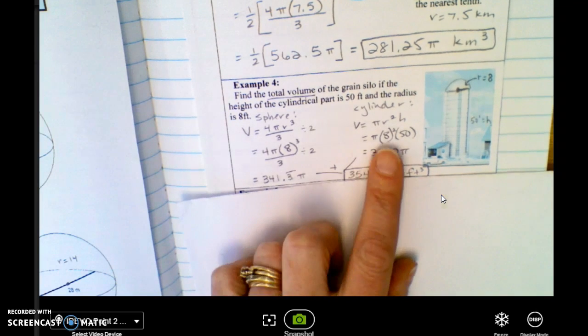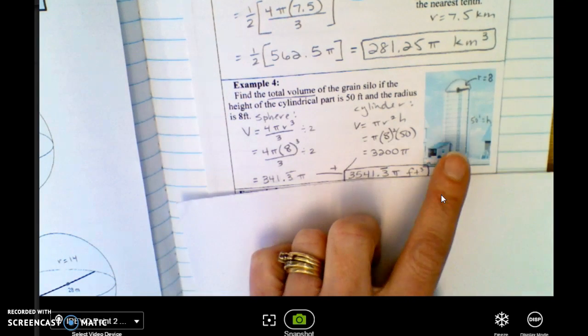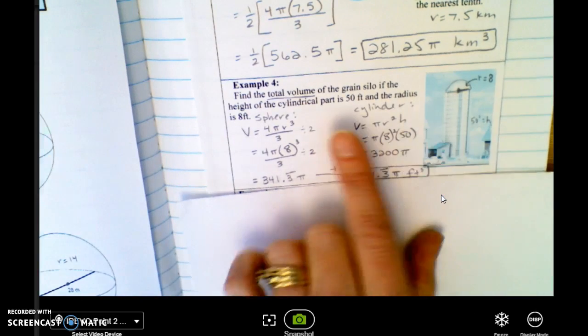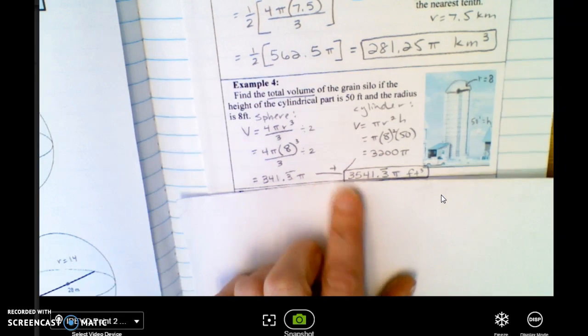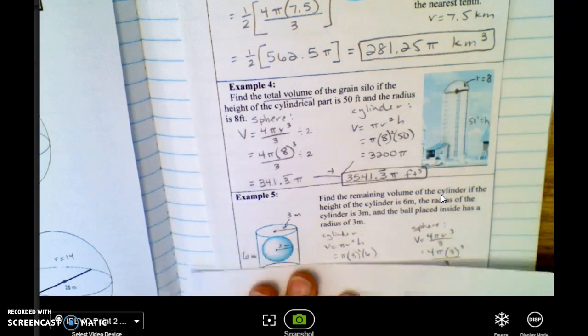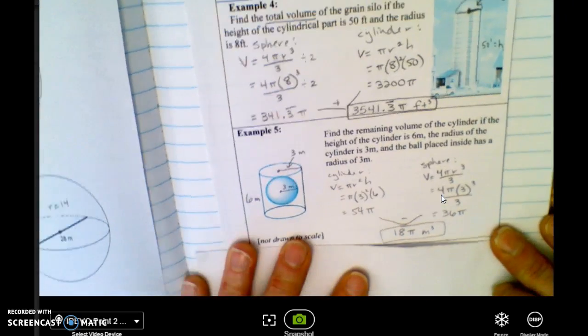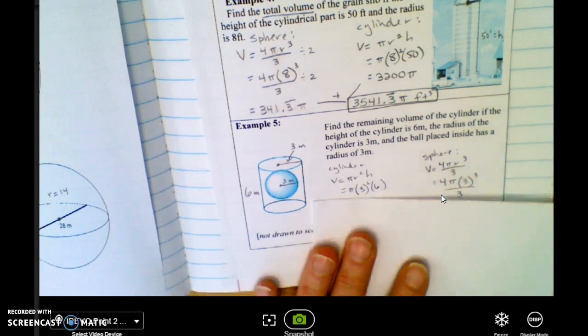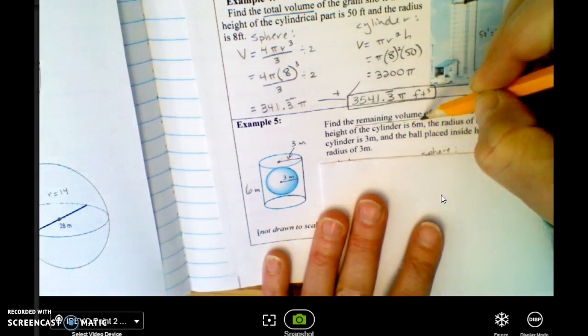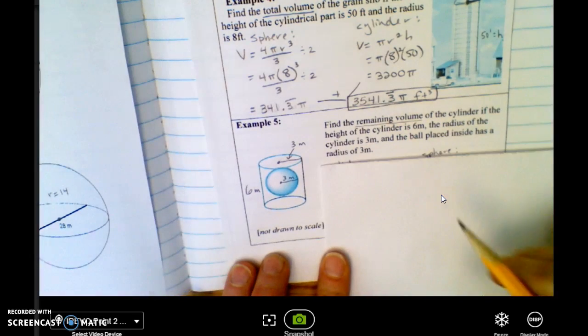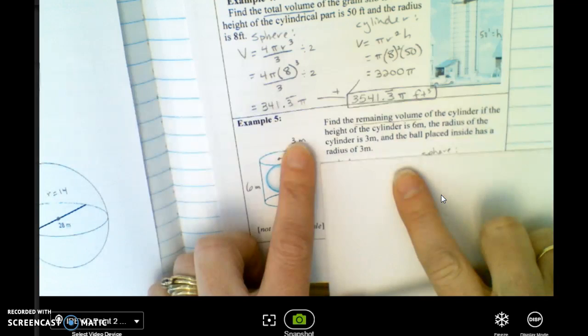So again, it's just like the other composite figures that we did. You take it, you break it up into the 2 shapes, you work on the shapes individually to get your volumes, and then either combine them together to make the big shape, or, as in this example, we're supposed to find the remaining volume. What we are given here, and it's not drawn to scale according to what they're telling us, we're given a cylinder.